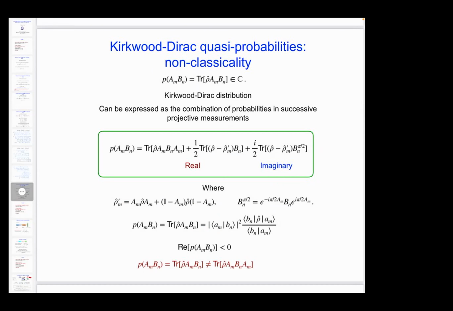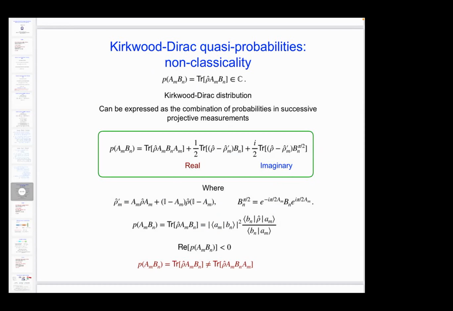If you diagnose this formula a little carefully, you can see how the trace part is taken. The trace part takes the average of Bn with respect to rho, minus the average of Bn with respect to rho m prime, meaning you are having the information after a measurement AM has already happened.